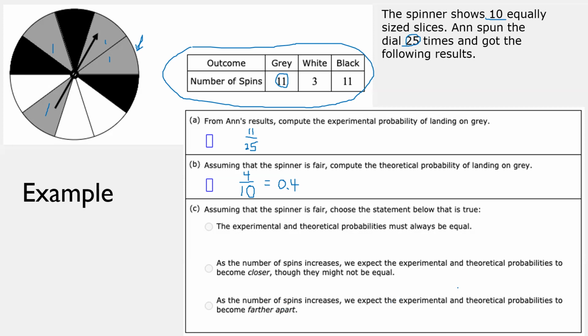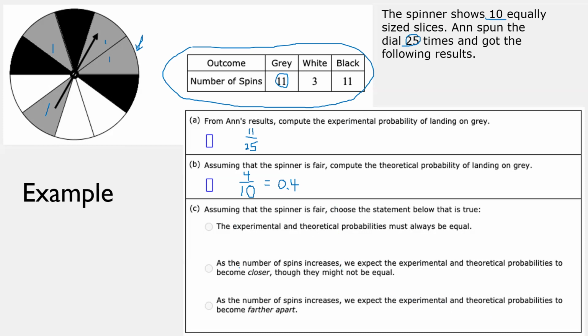Sometimes they're worded saying, if with a fewer number of spins, do you expect the data to be closer or farther apart, or less than or greater than, and that sort of stuff. So you do need to be careful that you're reading these very carefully. They are sometimes challenging.